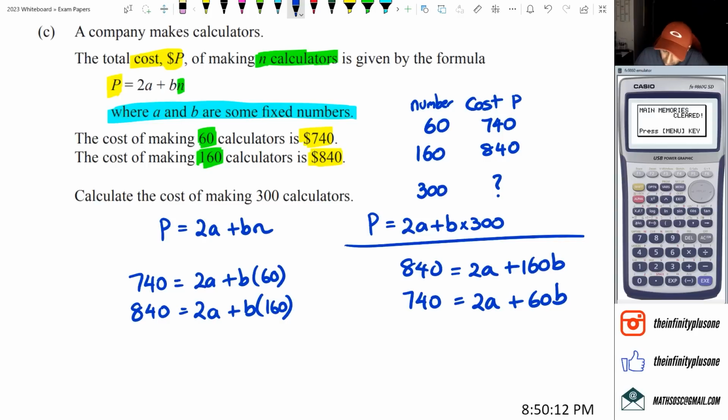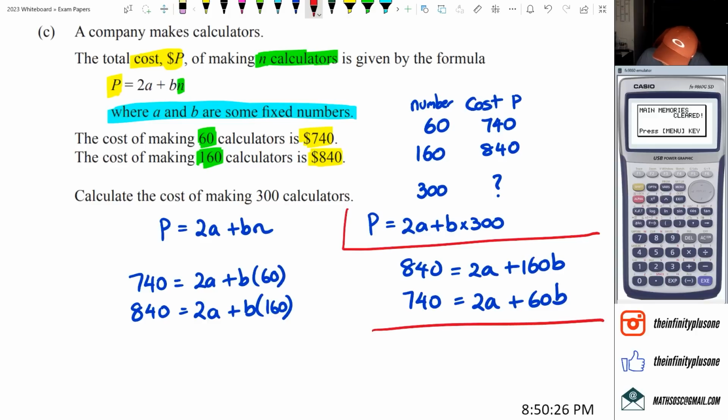Now that I've got all of this, I'm going to section this off. What I could do is take the top equation and subtract the bottom equation. So I go 840 minus 740, 2A minus 2A, 160B minus 60B. You might be wondering, why are you subtracting? Because I've got 2A and 2A.